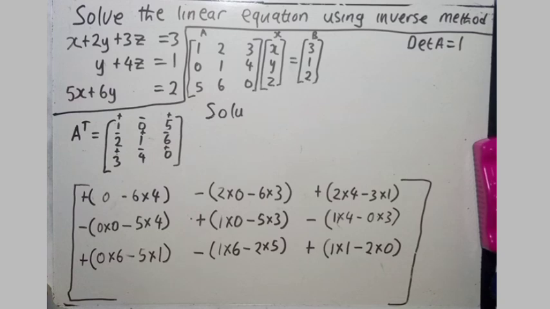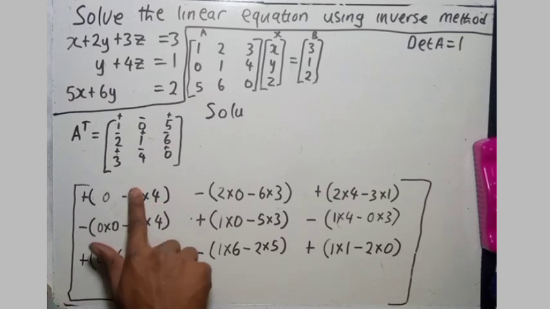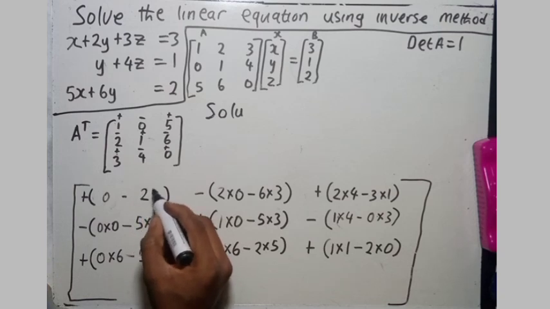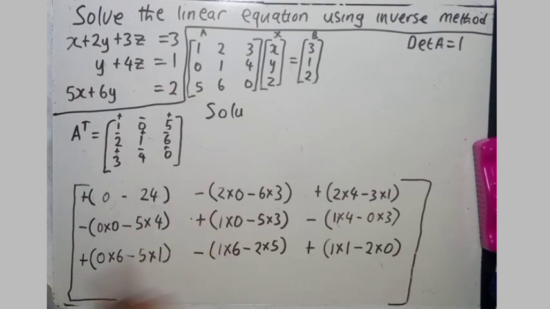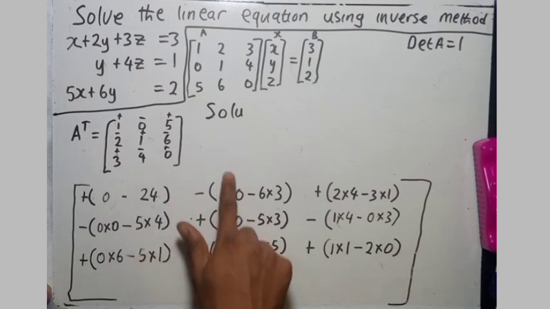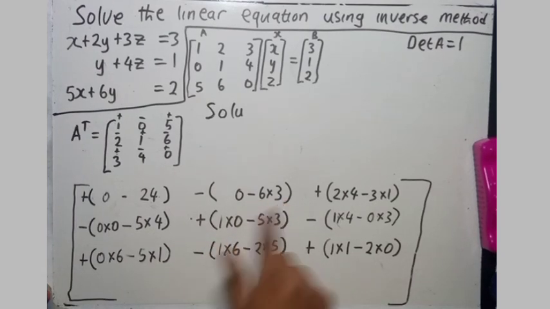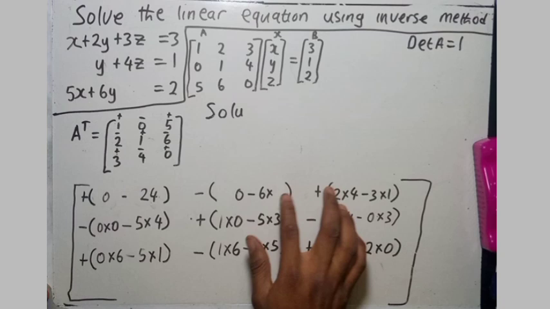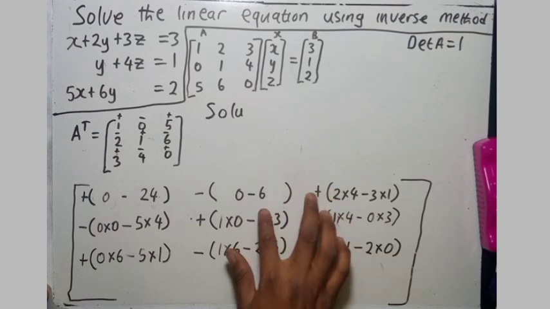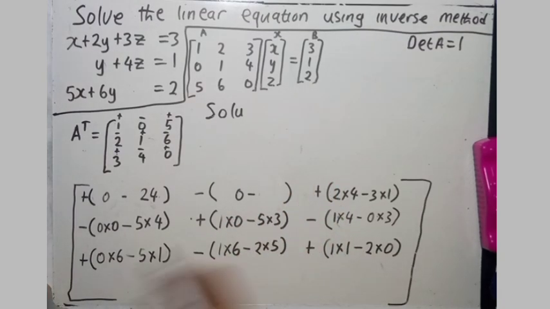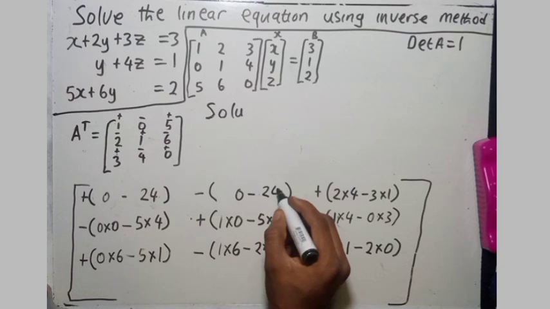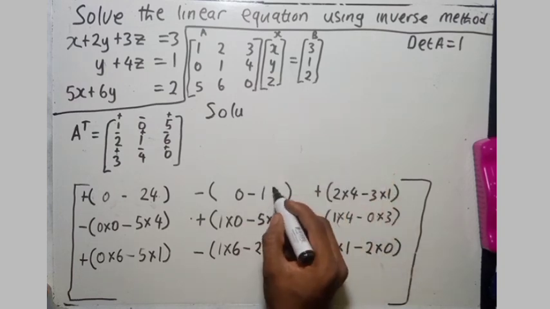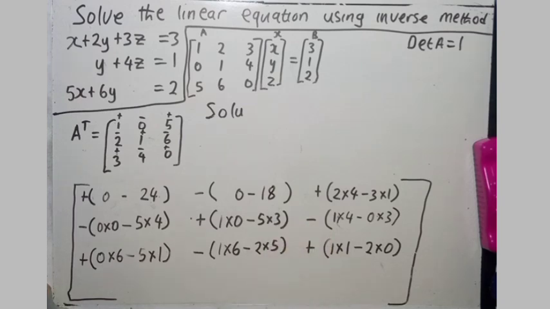Minus 6 times 4 is what? 24. 2 times 0 is what? 0. 6 times 3 is what? Sorry, it's 18. 6 times 3 is 18.